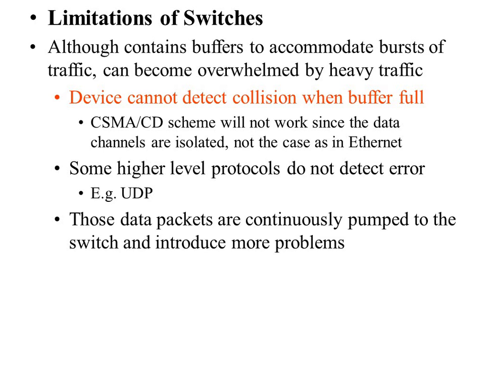Then some higher level protocols do not detect the errors. If you are using it with UDP, then it is difficult to identify the errors. If it is with TCP/IP, then TCP/IP itself will take care of these errors. Those data packets are continuously pumped to the switch and introduce more problems, so the efficiency will get decreased because of this. So these are the limitations of the switches.